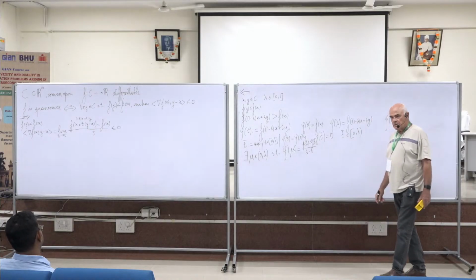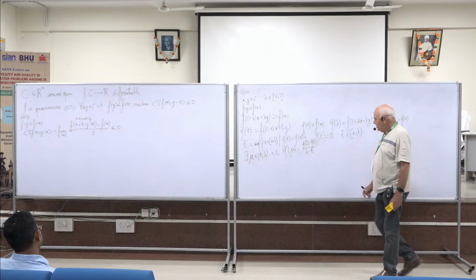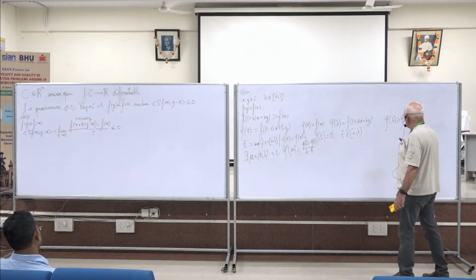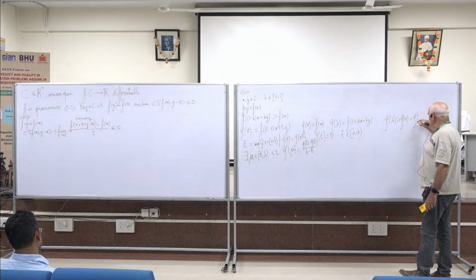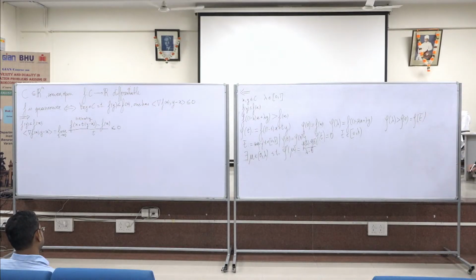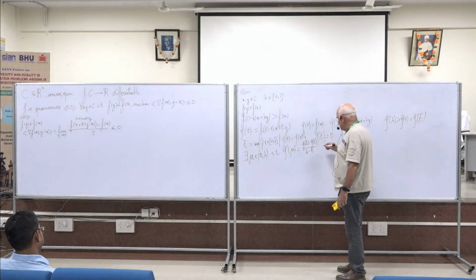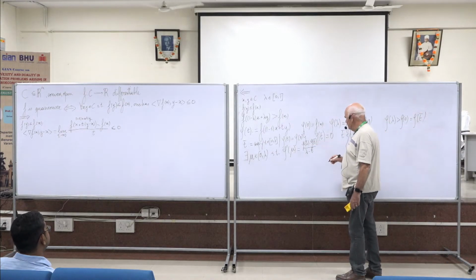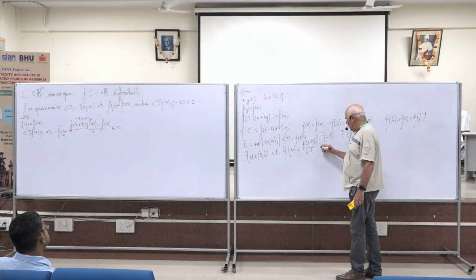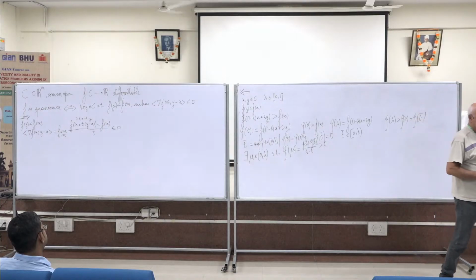Okay? This is simply the mean value theorem. And remember that this is phi of 0, since phi of t bar equals phi of 0. So this difference is strictly positive. The derivative is strictly positive.